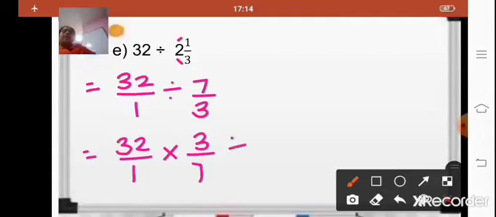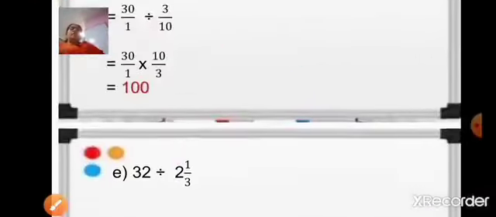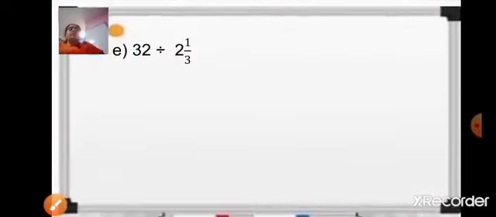Okay, and for my answer, here no number is divisible, so 32 into 3 upon 1 into 7. So 32 into 3 is 96 upon 7. Okay. Yes, just check your answer with this.